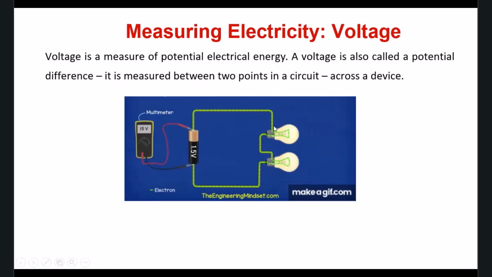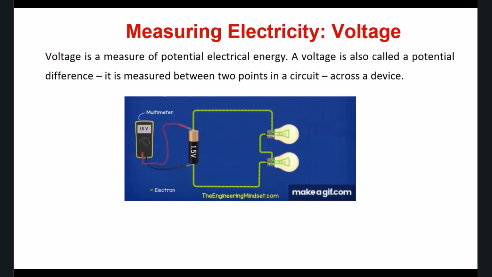So we have connected a multimeter again between the first terminal of the first bulb, and the second terminal of the multimeter is connected to the second terminal of the first bulb. In this situation, you will find the voltage across the first bulb as 0.75 volts.